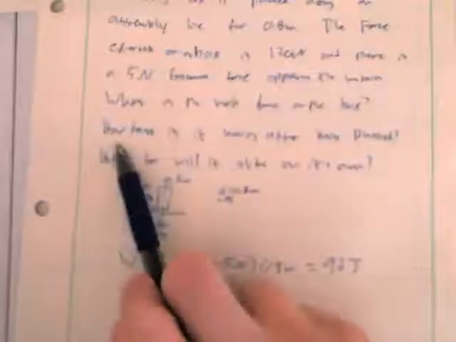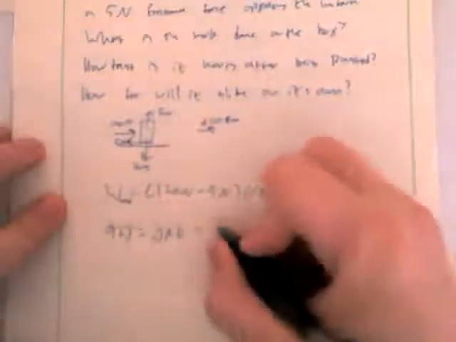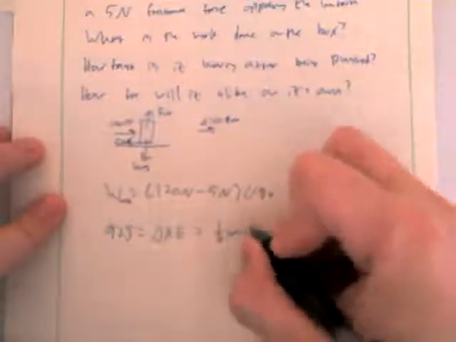The next thing that we want to know is how fast is the box moving after it's been pushed? So if this is the net work, here's my net force, so this is actually the net work. We can say that 92 joules is also equal to the change in kinetic energy, which in this case will just be 1/2 mv squared, right?